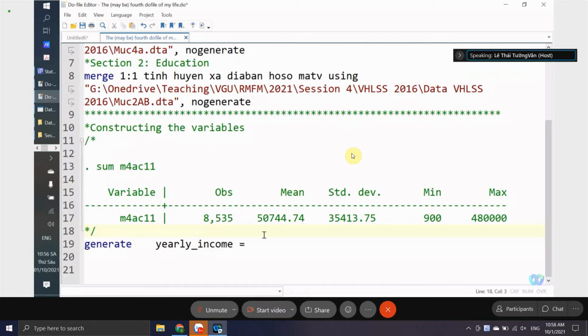So there are 8,535 observations. The mean is, now I want to put a little more information here. Data are in thousands of VND. So the mean is 50,744.